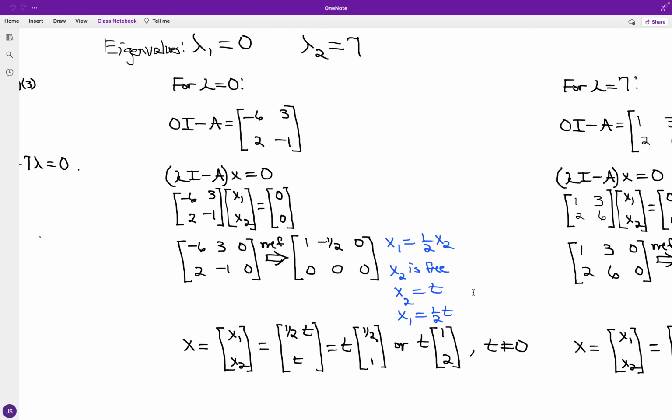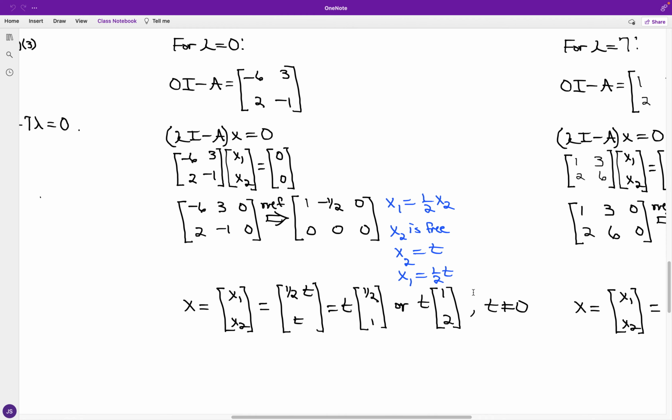So for the eigenvector that corresponds, this can be given in various ways. We can say that x, which is x1, x2, is equal to 1 half of t and t, and we can factor out t, so you have t times 1 half and 1. You can put this as a scalar multiple.